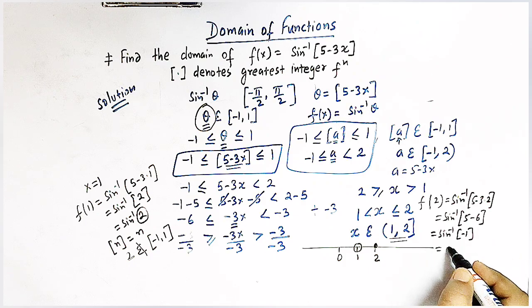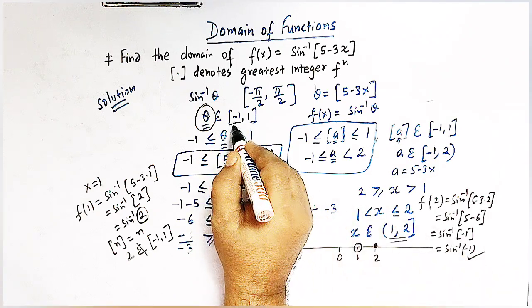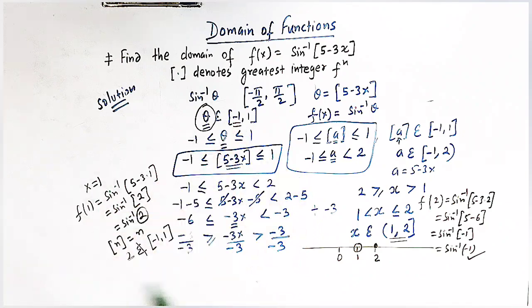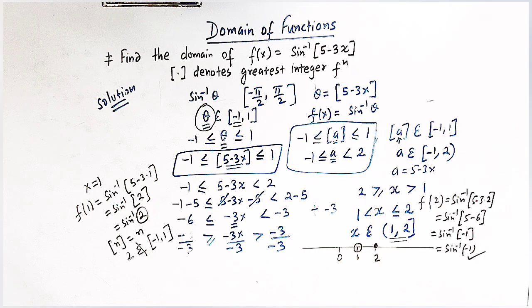So this is sine inverse minus 1. So this is admissible, because minus 1 belongs to the interval, right? So 1 is not included, but 2 is included, and all the values which lie in this interval are also included.